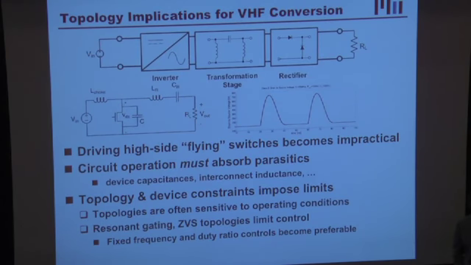We're reconfiguring switches. These nodes are flying up and down in voltage, and you can't drive the transistors if their control ports are referenced to a flying node. So we have to reduce ourselves to designs where the transistor reference ports are at slowly moving nodes. Moreover, we have to have topologies that inherently absorb the circuit parasitics.